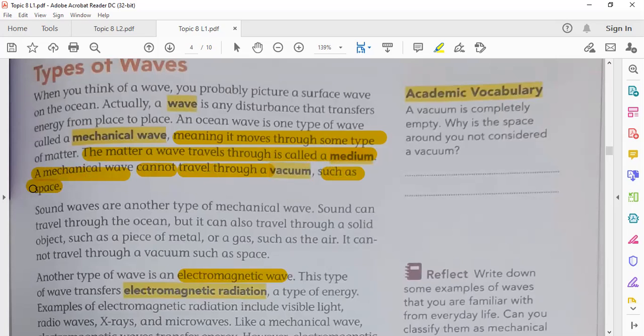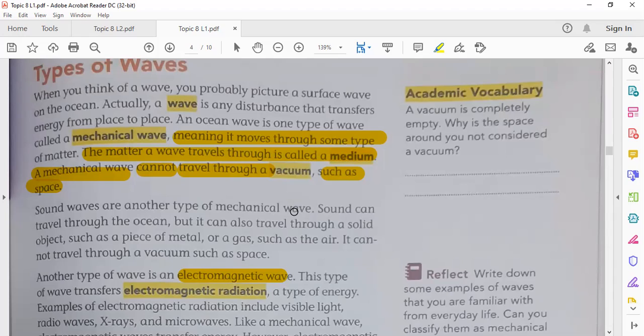So, waves can be mechanical or electromagnetic. The mechanical wave moves through some type of matter. This matter is called a medium. Mechanical waves cannot travel through a vacuum, such as space. Sound waves are another type of mechanical wave.